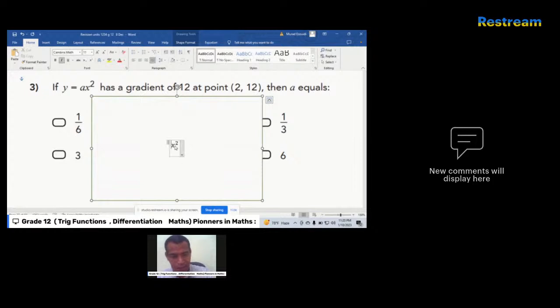So just write y equals a times x squared. So this is my function. Therefore, the gradient is equal to 12, which means that you are going to differentiate this equation, the first derivative of this function, and then you should set it equal to 12.